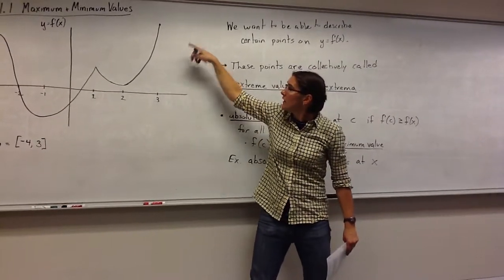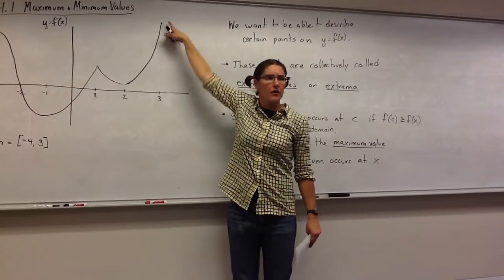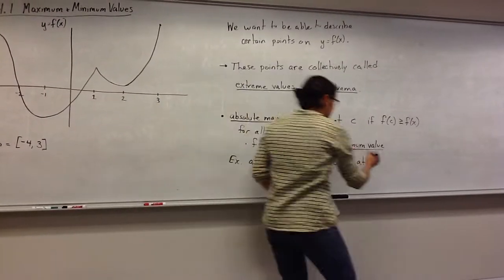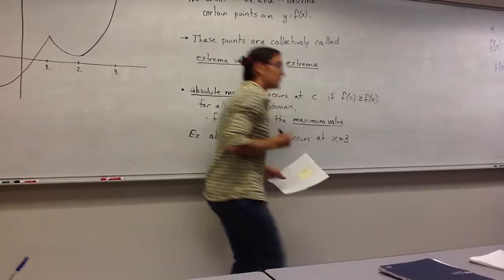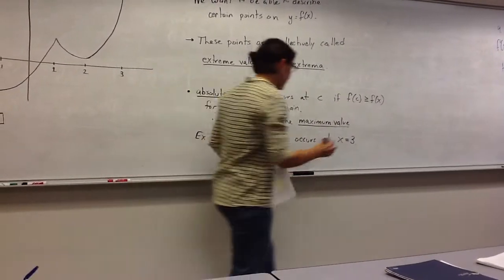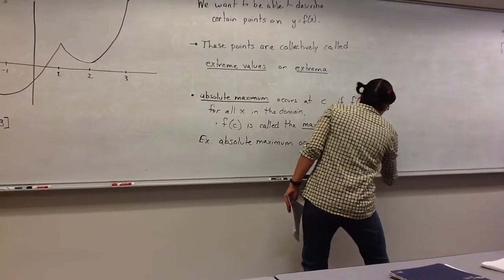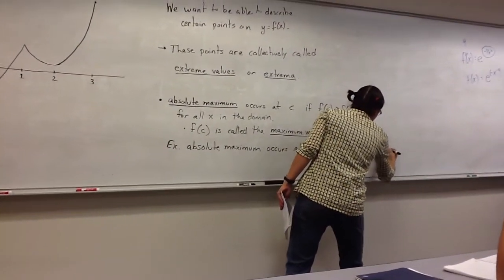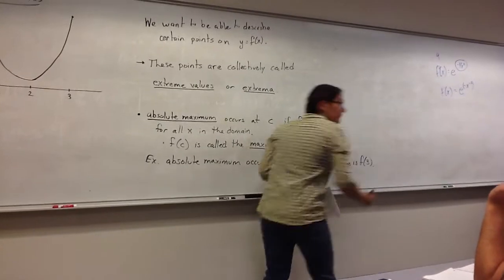In our case, it looks like the highest point on our graph occurs when x is equal to 3. And so an absolute maximum occurs at x is equal to 3, and the maximum value is f of 3.